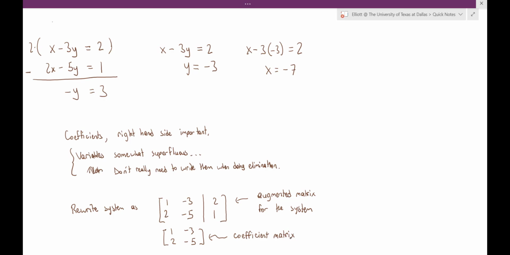Now, when we go back and think about what we did in the elimination, so we multiplied equation 1 by 2, and then we subtracted from the second row.